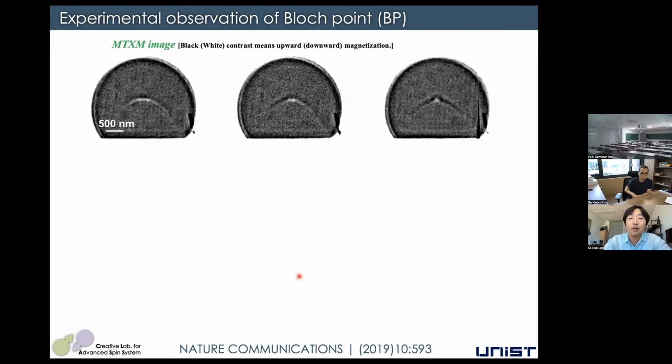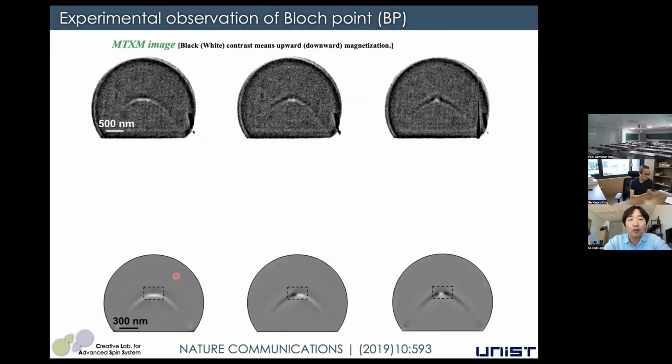So we calculated the micromagnetic systems for a given system, and then we obtained very similar MTXM images from the simulations. The first one is a trivial core structure, and for the second one, we found similar MTXM images, black and white structures. Also the third one, we obtained very similar MTXM simulation images from the micromagnetic simulation.